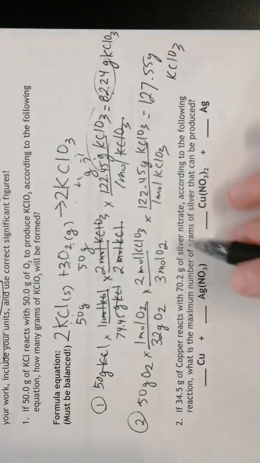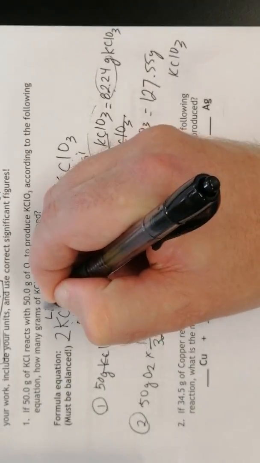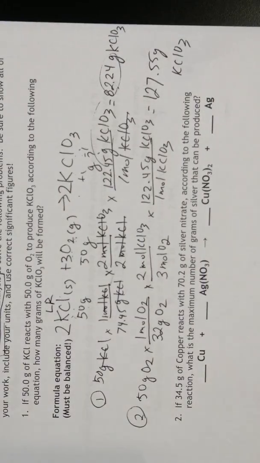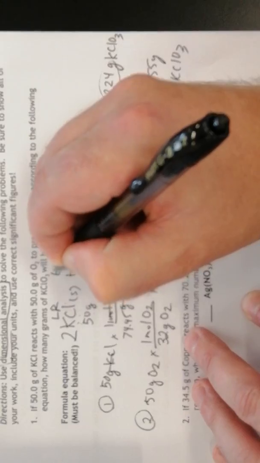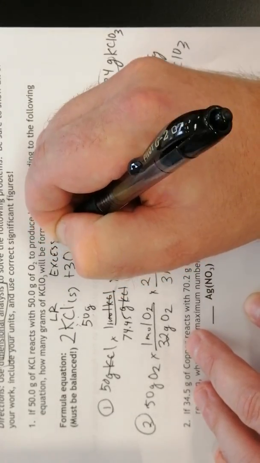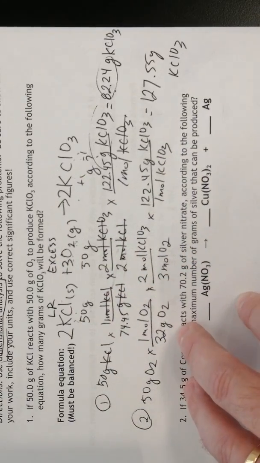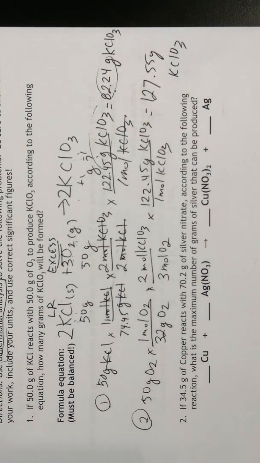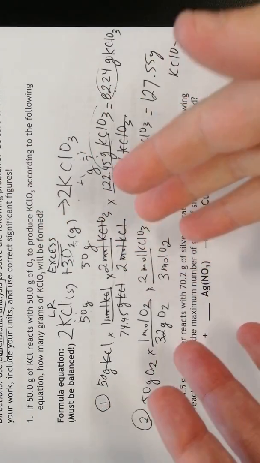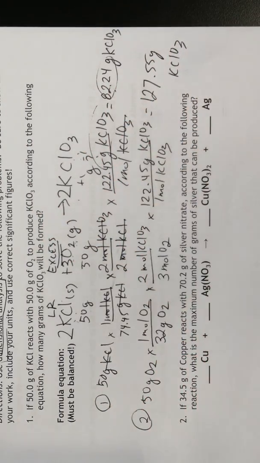So in this case, your potassium chloride is our limiting reactant, and just as a sneak preview for our next part, the oxygen is going to be called the excess reagent or the excess reactant, meaning that this is going to be left over. In this equation, you let it go, all the potassium chloride is going to be used up, but there's still going to be a little bit of oxygen gas left over.